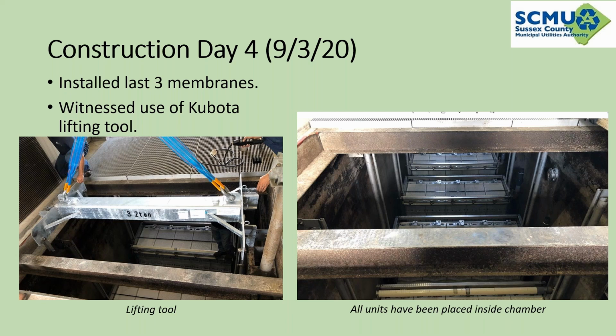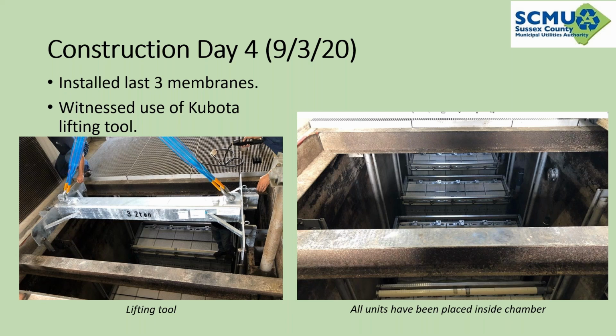What were the 2 things? The 2 things were to not have to lower the operating water line to remove one of these units. Now we have this lifting tool, so we didn't need to do that, because the guide rail is seen above the normal operating level.